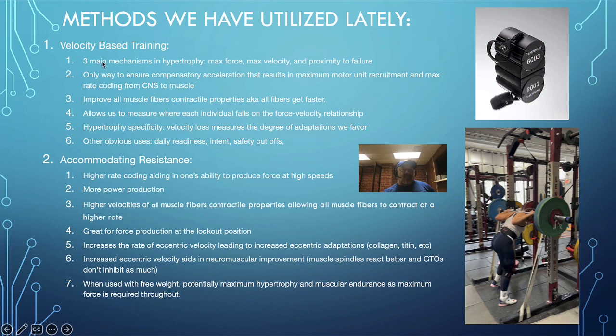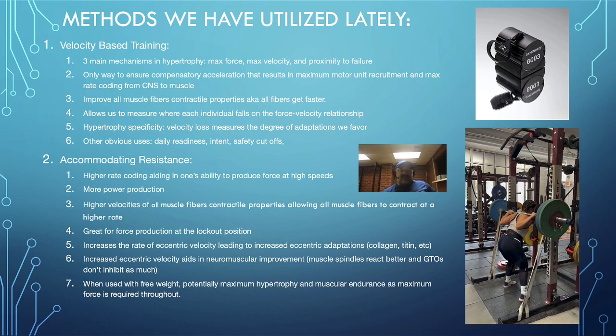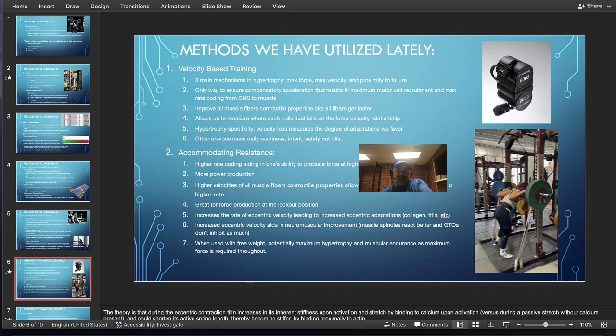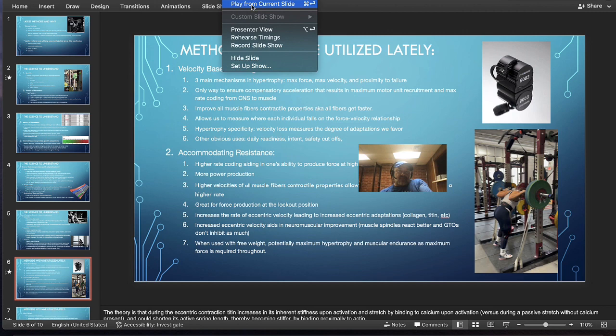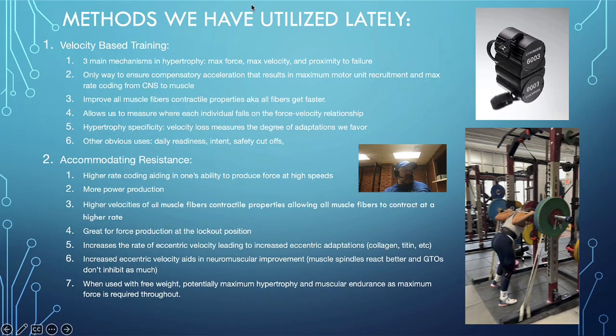Oh, and by the way, those are the three if you're looking to hypertrophy. Now, I know we've talked about metabolic stress, muscle damage, and all these things, but really, mechanical tension is the most important element of hypertrophy.